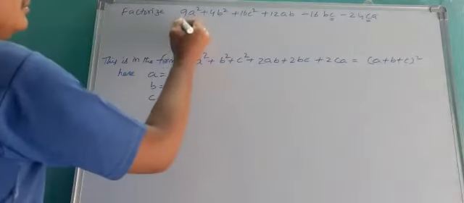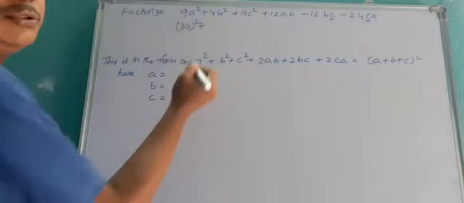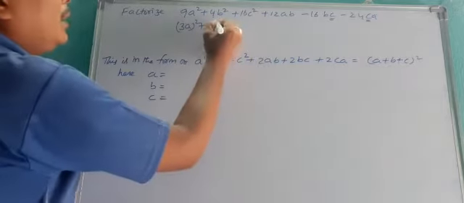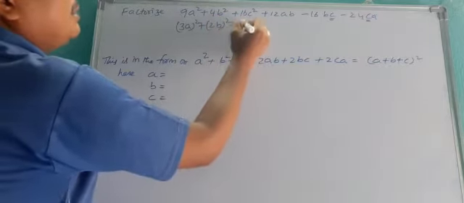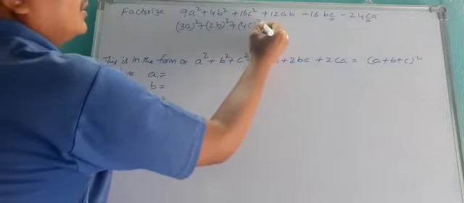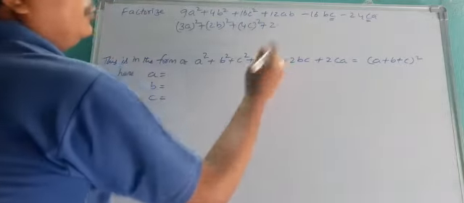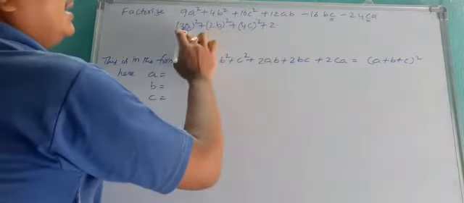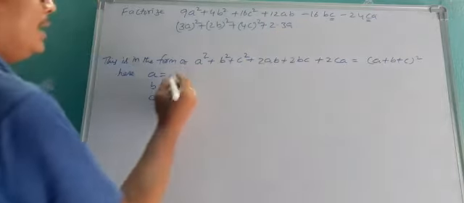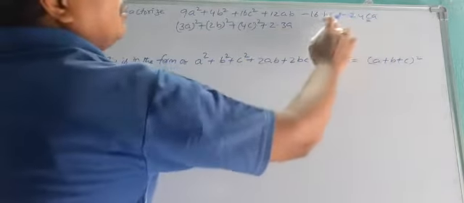So this can be written as 3a whole square. 4 means 2 square, so 2b whole square. And 16 means 4 square, so 4c whole square. So a square, b square, c square, plus 2ab. Here a equals 3a. Next, which is the common variable here?